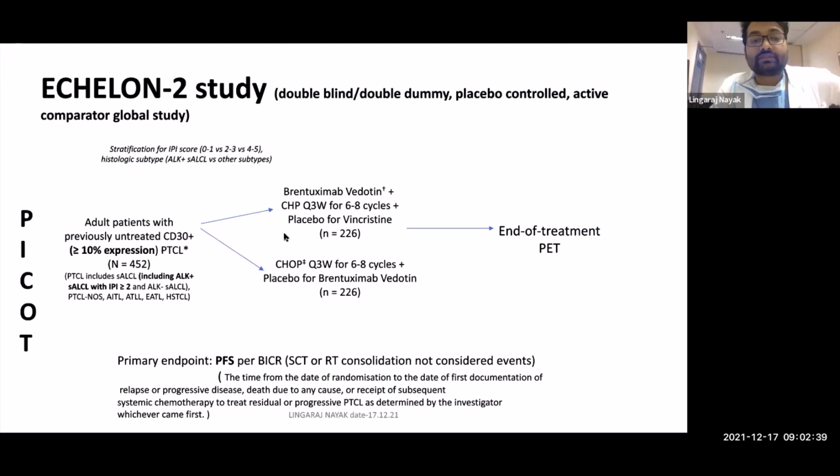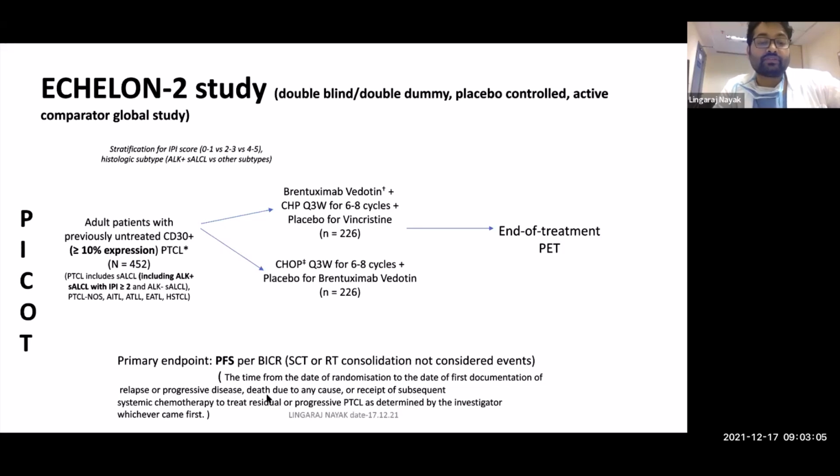Okay, so this was the question they asked, using CHOP versus CHOP plus brentuximab without vincristine. Remember, they didn't use CHOEP here, right? So this was a CHOP comparator. The primary endpoint was progression-free survival as per blinded central review. And in the PFS endpoint, these were the events for progression-free survival here.